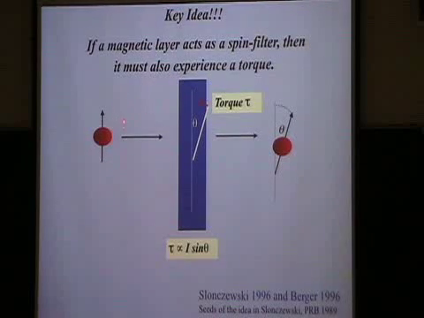So the idea is that if you put an electron, say, spin up through the layer, and it's filtered so that it comes out predominantly in the direction of the magnetization of the layer, then there's a change in the angular momentum of the current, and by consequence, there has to be a corresponding change in the angular momentum of the background magnetization to conserve angular momentum. Kind of a very simple idea, and yet it was only recognized well after giant magnetoresistance.